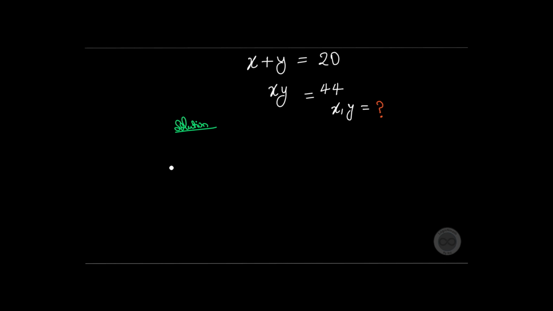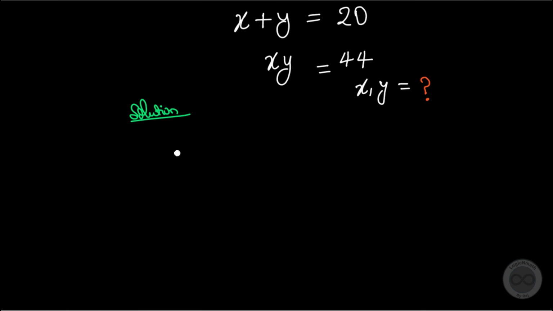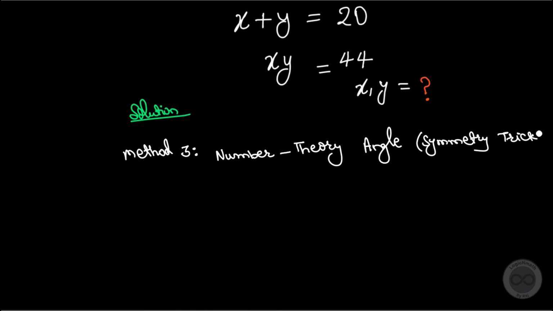Now finally we have come to our method 3, which is the number theory angle or symmetry trick, and Olympiad students love it. Olympiad students don't look at the numbers individually. They look at the relationship. The sum is 20 and the product is 44.